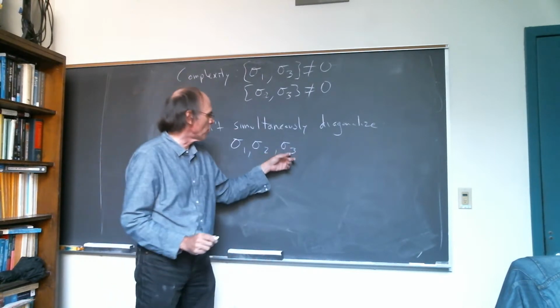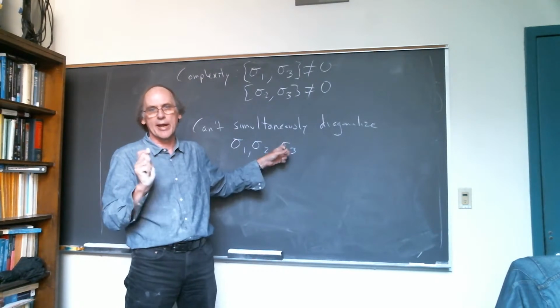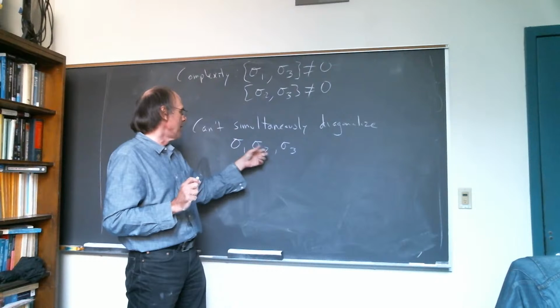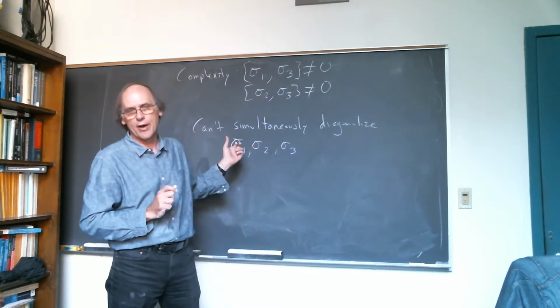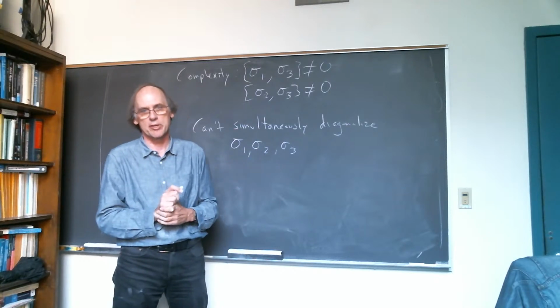So if you've got one of these states that has a specific eigenvalue of sigma 3, you diagonalize it. It has no well-defined number for the observables corresponding to sigma 1 and sigma 2.